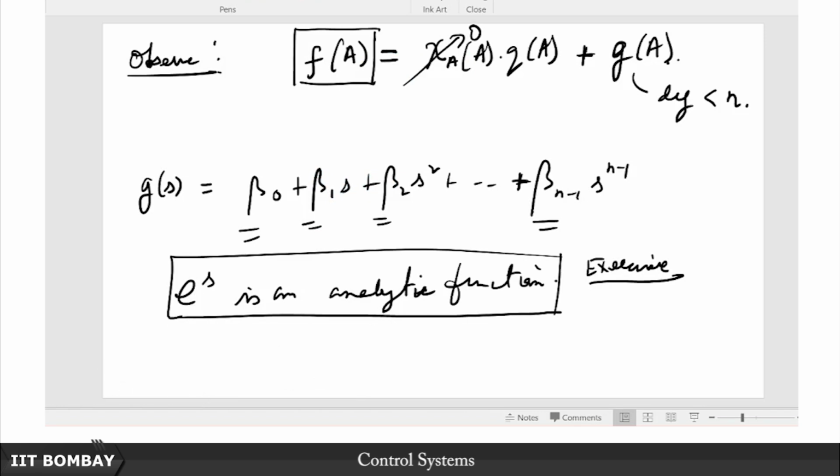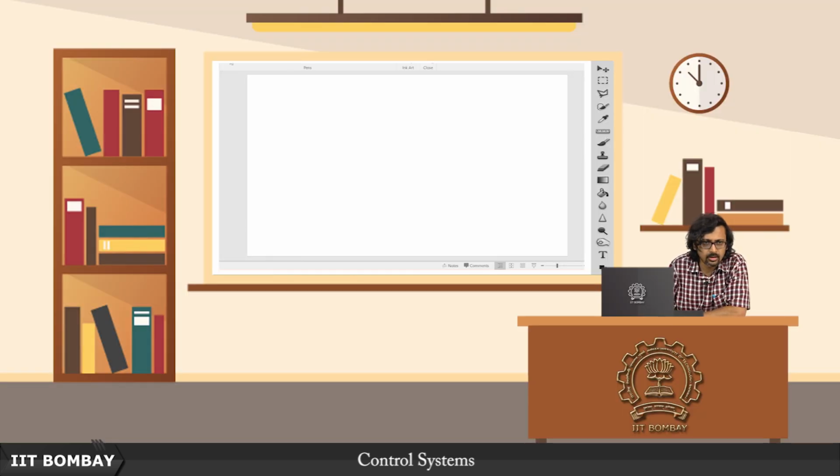So now putting all of these things together in one go, what I get is that f of a is nothing but the summation i equals 0 to n minus 1 of beta i a to the power i. When I say a to the power i, a to the power 0 is basically identity, that is the convention I am taking.